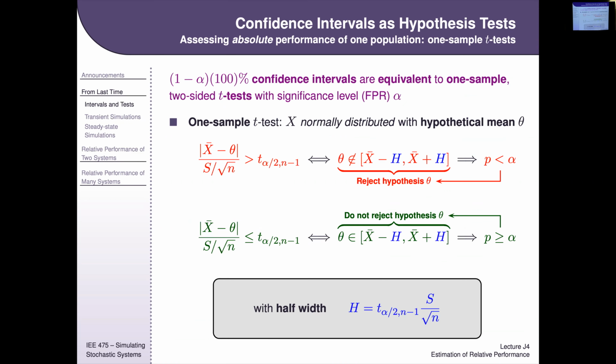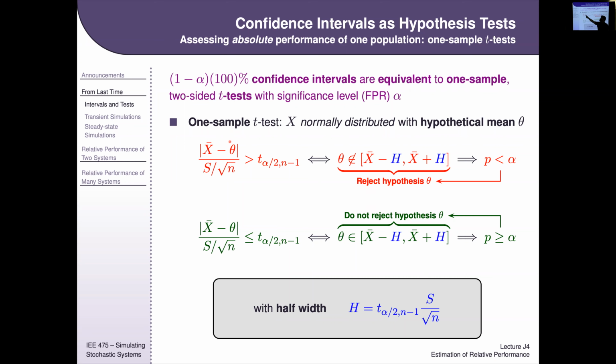All right, so just to summarize all of that, a confidence interval is a graphical summary of a t-test. If I take the conditions for rejecting a hypothesis by a t-test up here, then these conditions up here are equivalent to the conditions of the hypothesis that you're testing, theta, down here.